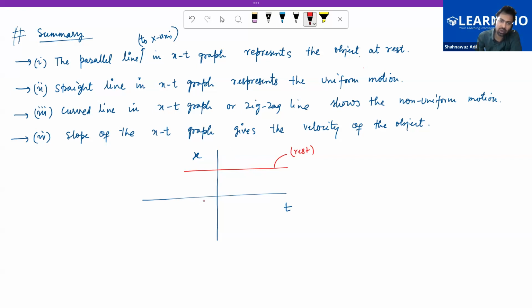And if somebody draws this graph, let me choose a different color. If somebody draws this graph, then what kind of motion is this? Uniform. So this is uniform.